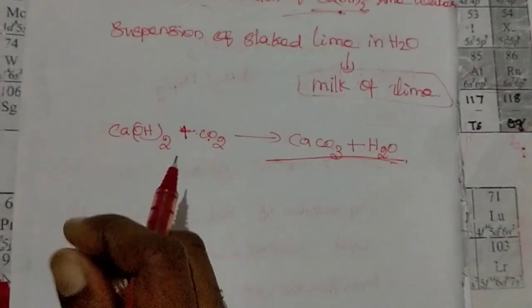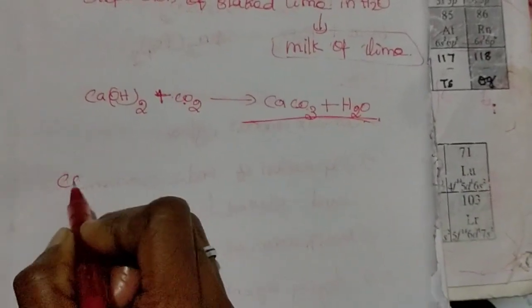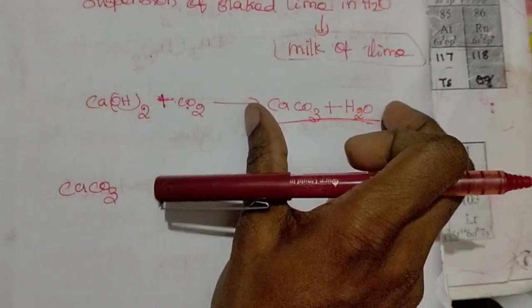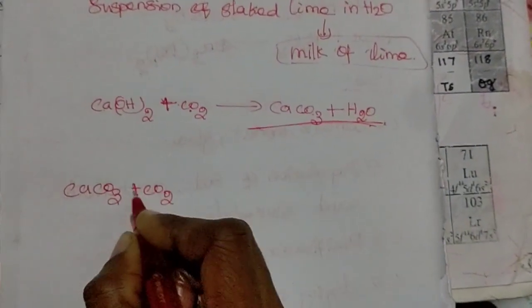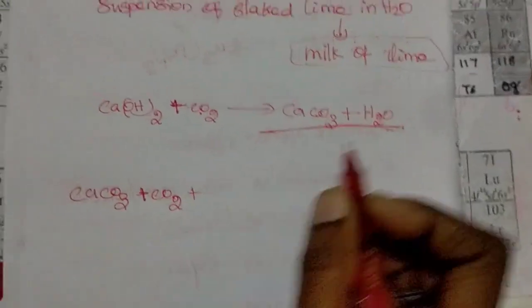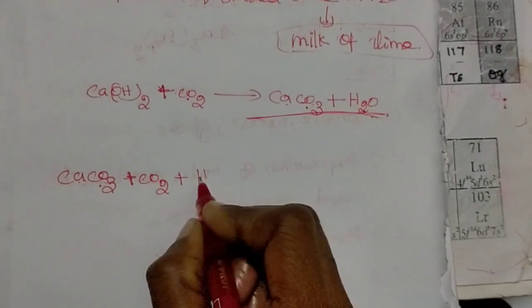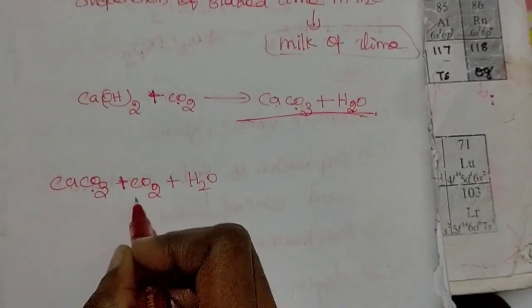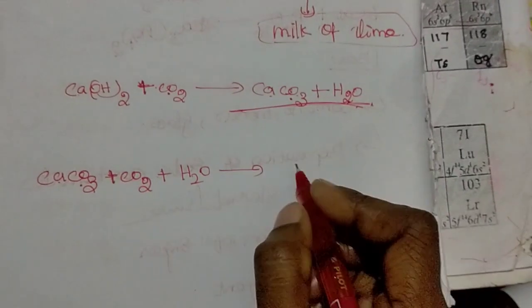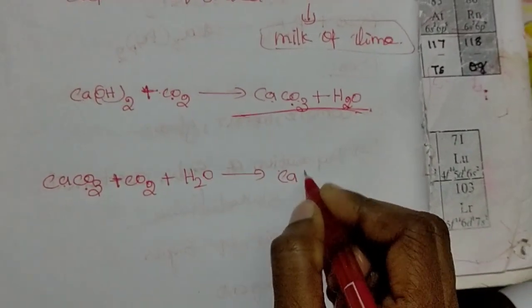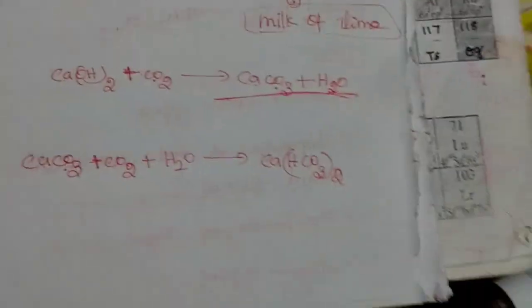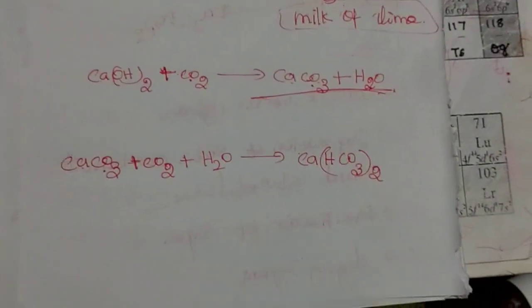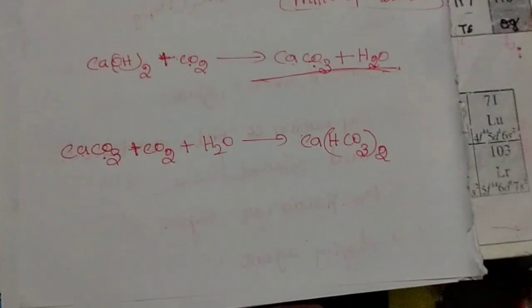That means the solution, containing calcium carbonate and water, reacts with the excess carbon dioxide, and because of this reaction it forms calcium hydrogen carbonate. So this is the reaction to form calcium hydrogen carbonate.